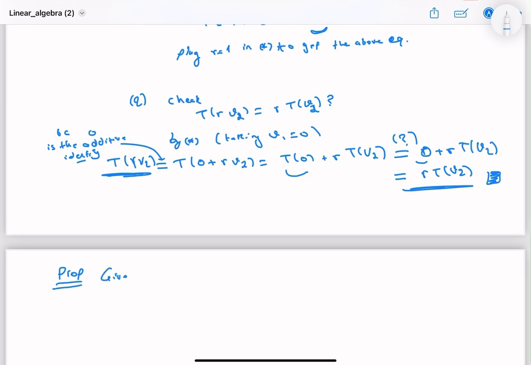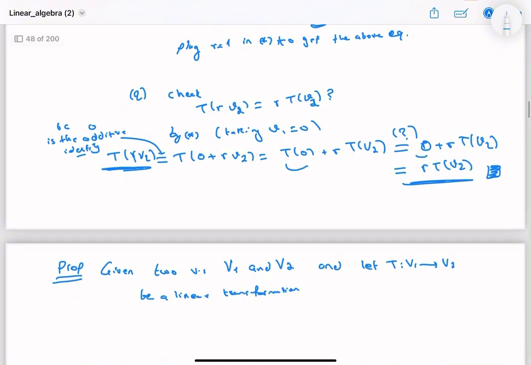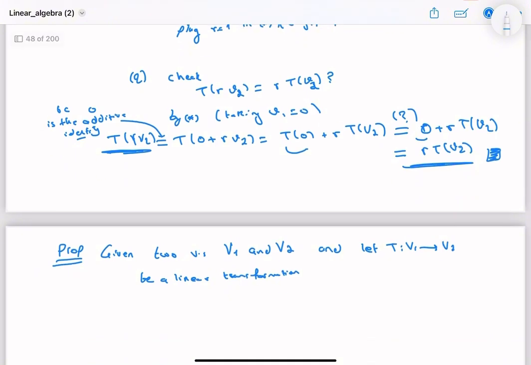Given two vector spaces, V1 and V2, and let T from V1 to V2 be a linear transformation. So we know that T is a linear transformation, which means it satisfies the definition 1 that we gave.